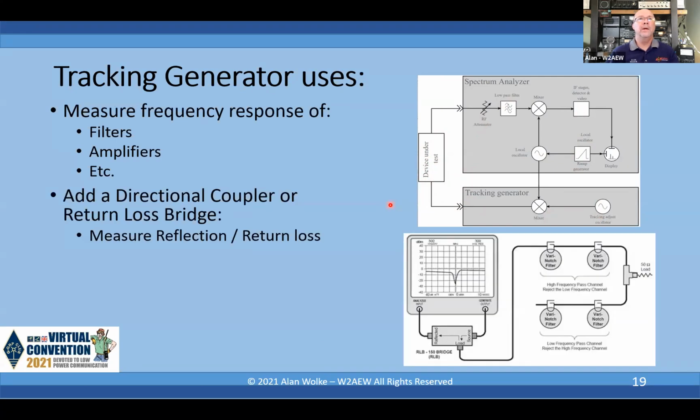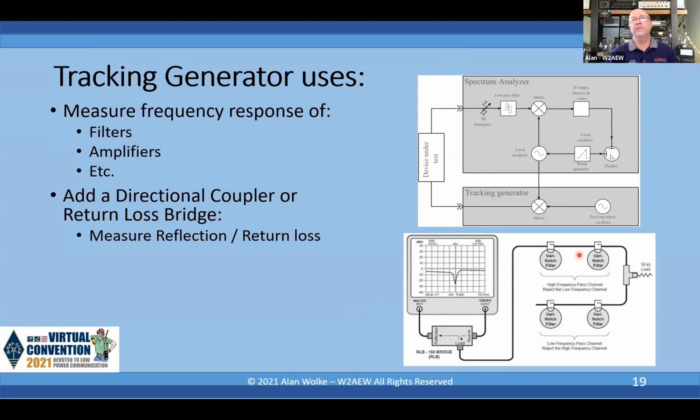Okay. Now, if you add a directional coupler or a return loss bridge to the generator output, and then connect your load up to that, and connect up the coupled signal to the analyzer, what you can then do is look at essentially the input reflection.